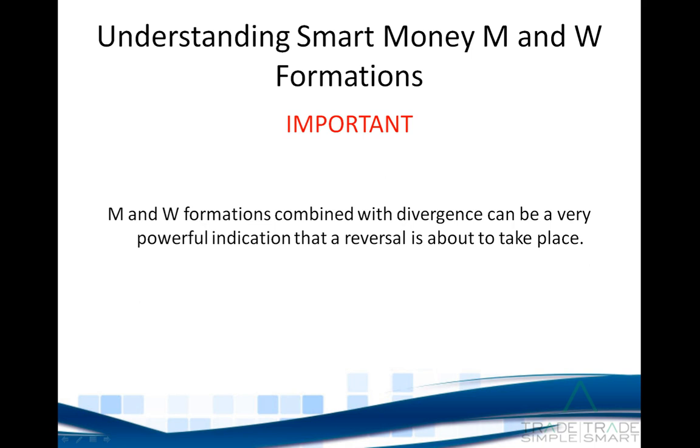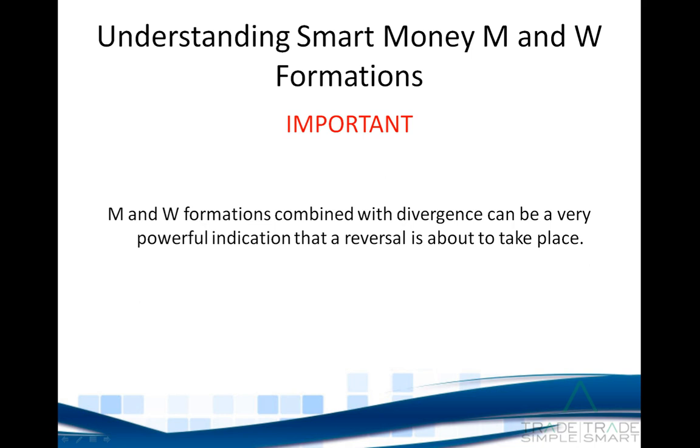So when you're looking at a M or a W structure and you have the second leg with a divergence to the first, this can be a very powerful indication that a reversal is underway.